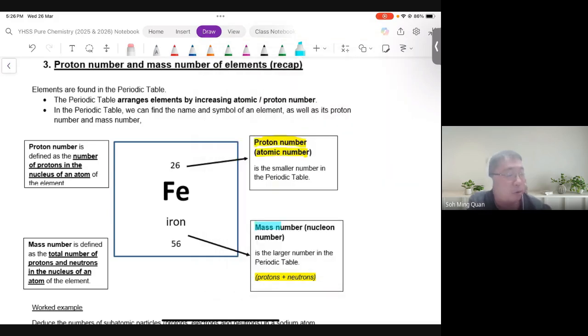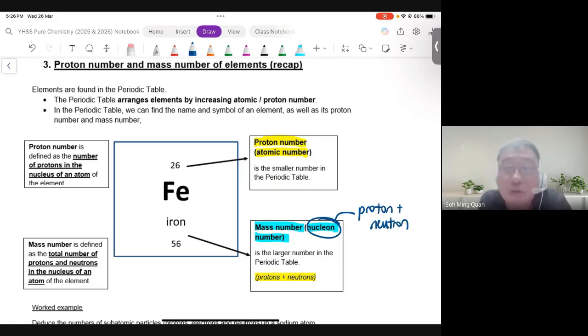Mass number would also be called nucleon number. This word nucleon refers to whatever is in the nucleus. In the nucleus of an atom, you have protons and neutrons. So the mass or nucleon number is a sum of the protons and neutrons in the nucleus.